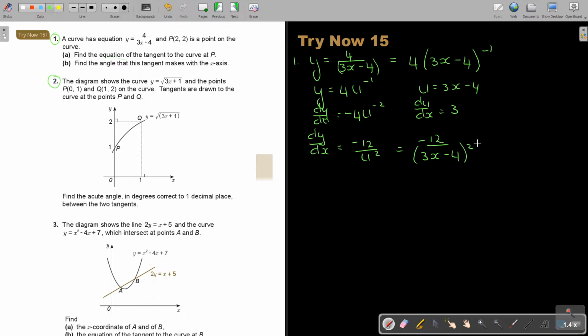Now we're going to find the gradient of the tangent where x is 2.